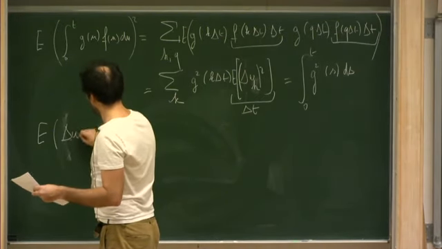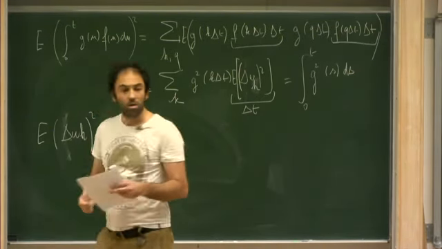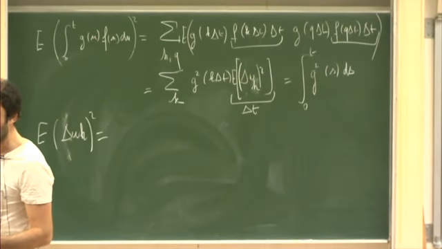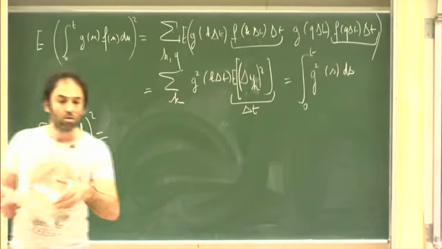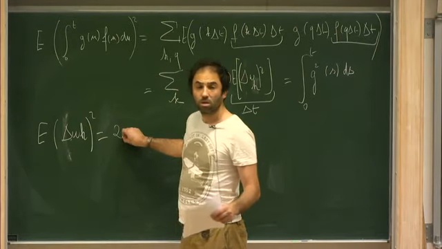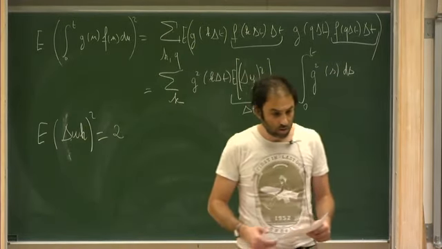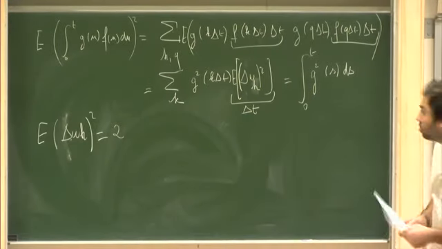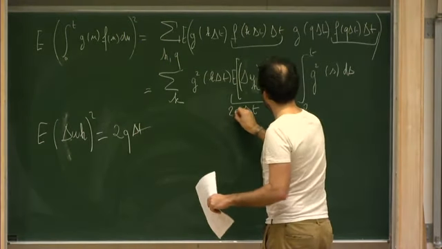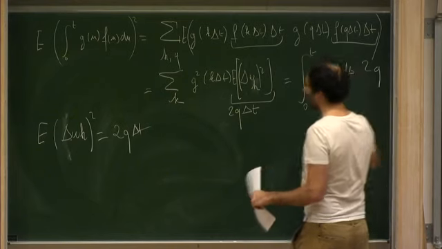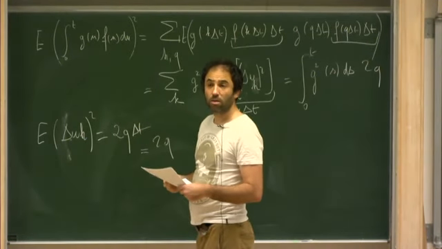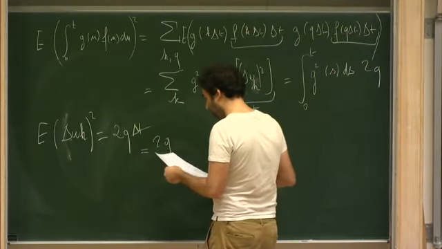The expectation of delta k squared. This was 2q or 2 gamma? You don't have the notes of last week? 2q delta t, okay. So here, this is not delta t, but there is a 2q multiplied by 2q. Is it correct? Okay.